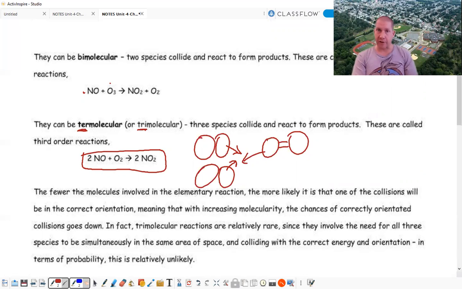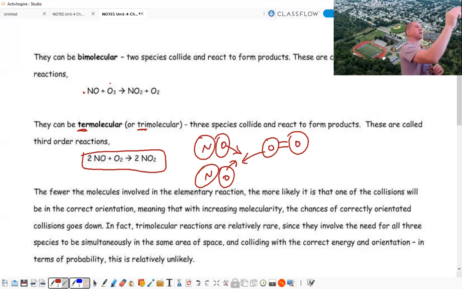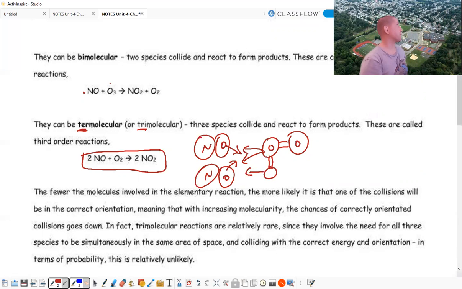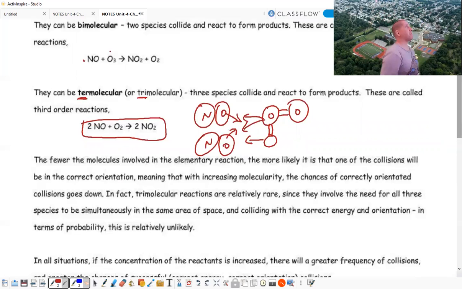They have to hit with enough energy, but the big one, besides colliding, is they have to hit with the correct orientation. If they do not hit with the correct orientation, for example, if these are the N's and these are the O's, and as these O's come here and collide in this manner, even if they were twisted this way and they collide in that manner, would they get a chemical reaction? Well, that's the question. So now, would that happen in one step? Very unlikely that it would happen in one step.